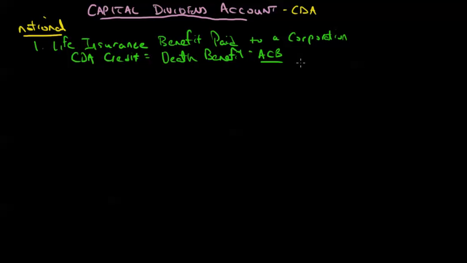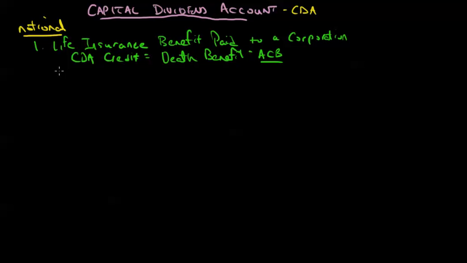The reason for that is fairly complex, but it really prevents somebody who's near death or terminally ill from dumping a bunch of money into their policy, which would increase the ACB, from then planning to die and having their death benefit allow them to pay this tax-free amount out of the capital dividend account to their estate or to their heirs. So this provides sort of an anti-dump-in provision.